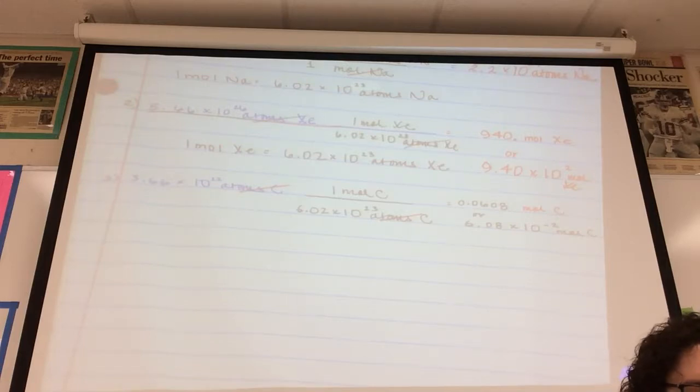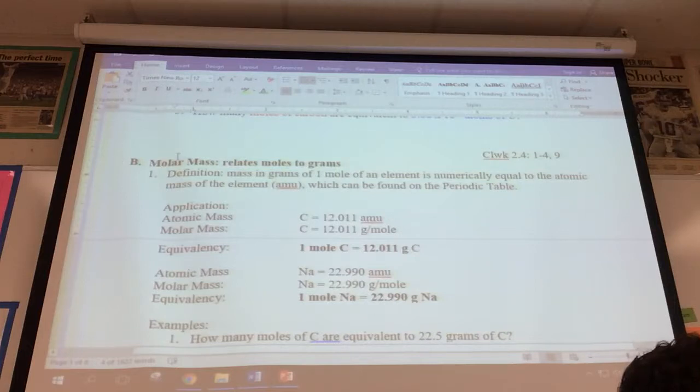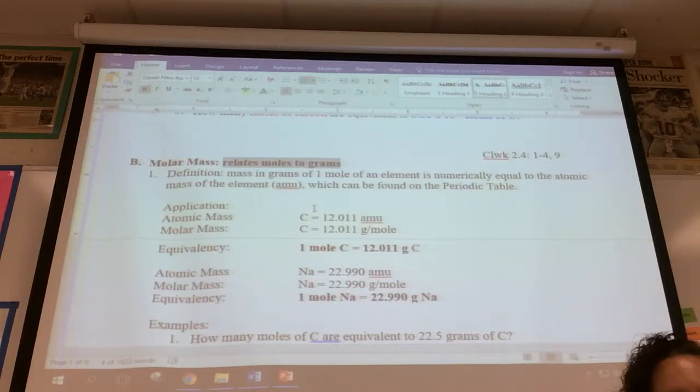The other way you can link the mole to substances is right through the periodic table. And this way is going to be far more helpful to you. We're going to relate moles to grams. When you do labs, you very often mass out your substance using a balance, and you get a quantity with the unit in grams.